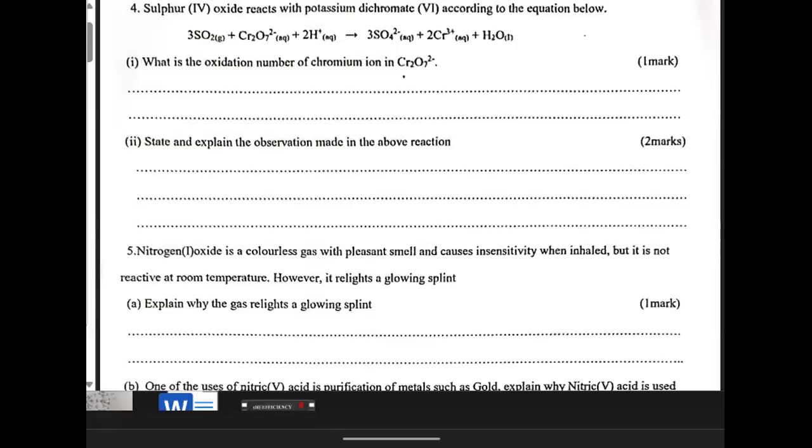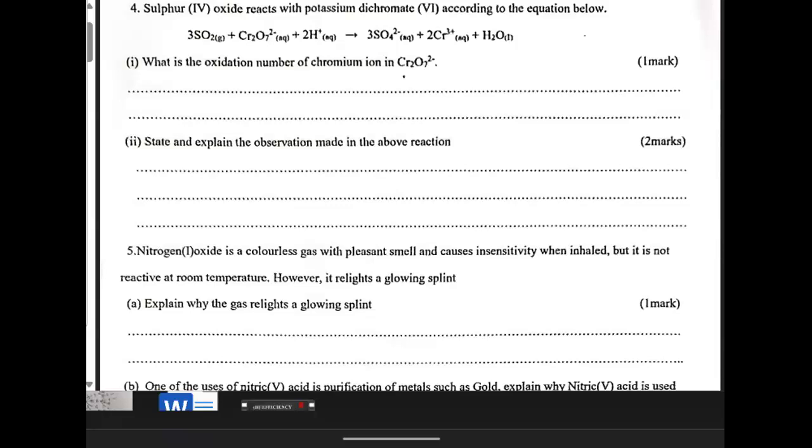In that question, any gas that contains oxygen, let's say carbon 4 oxide, nitrogen 4 oxide, nitrogen 1 oxide, nitrogen 2 oxide, when they are heated, they decompose, whether they support combustion or not. When they decompose, they release the oxygen, and that oxygen will now support the combustion.